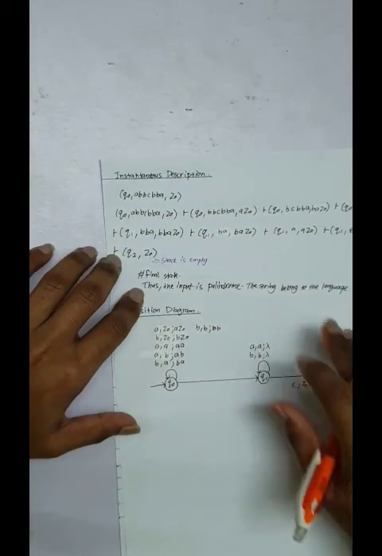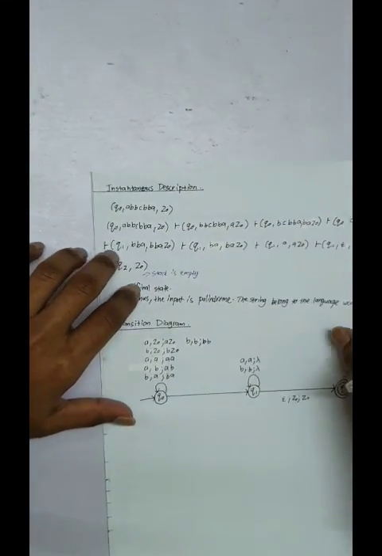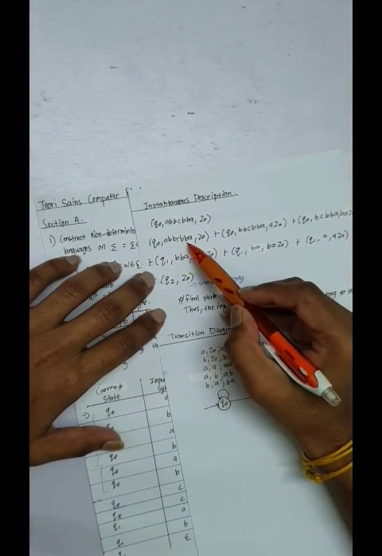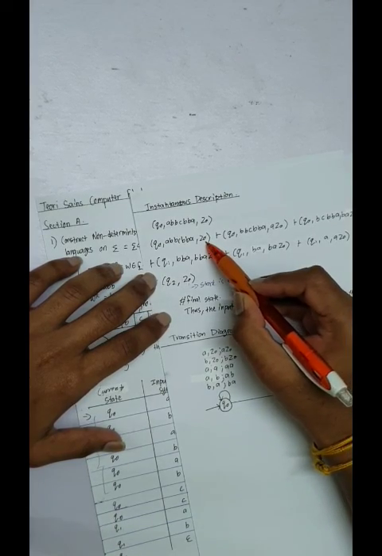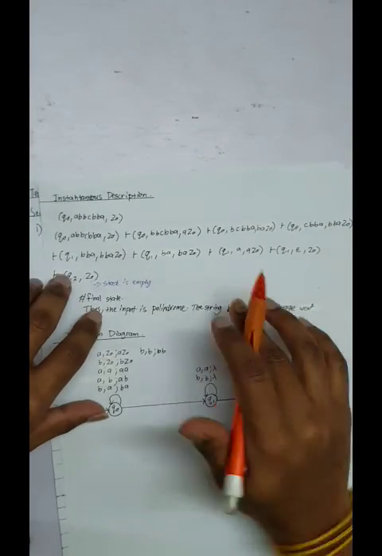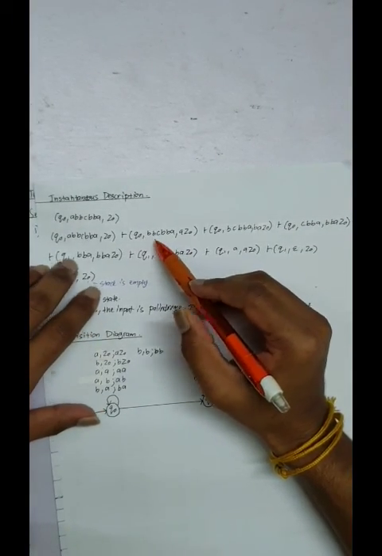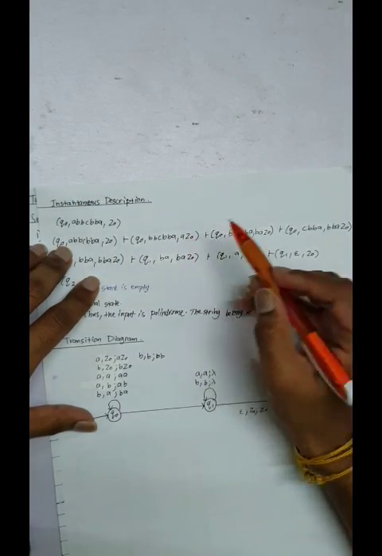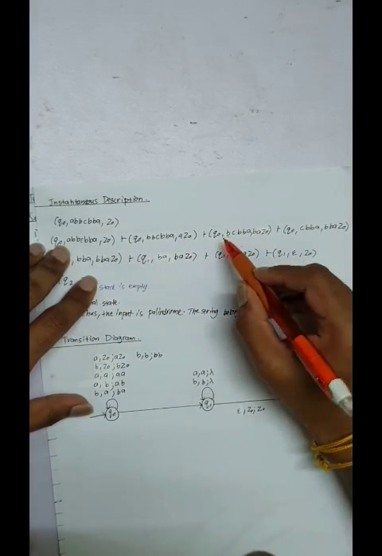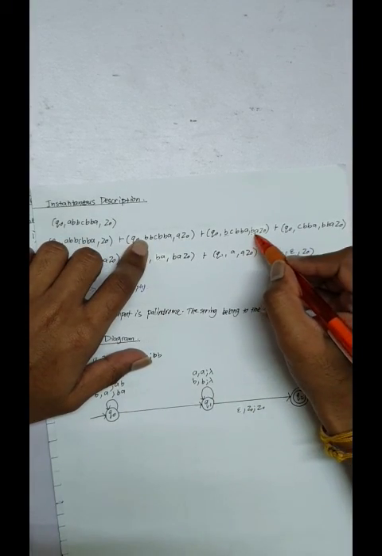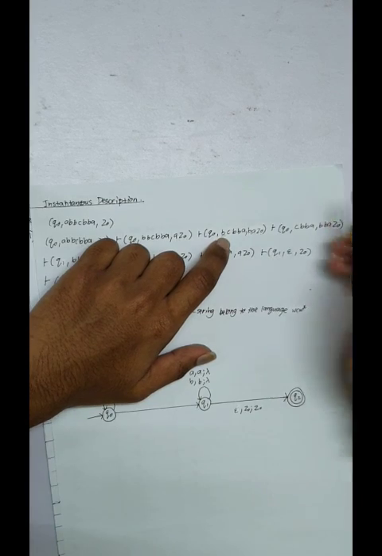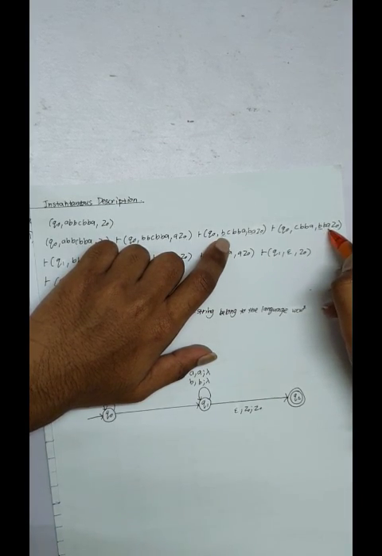So this is the instantaneous description of this push-down automata. At q0, with the string abbcbba at Z0, when the topmost symbol is Z0, a is pushed to the stack, so it becomes aZ0. When it's b, this b is pushed to the stack and it becomes baZ0, and in this phase this b is pushed into the stack and becomes bbaZ0.